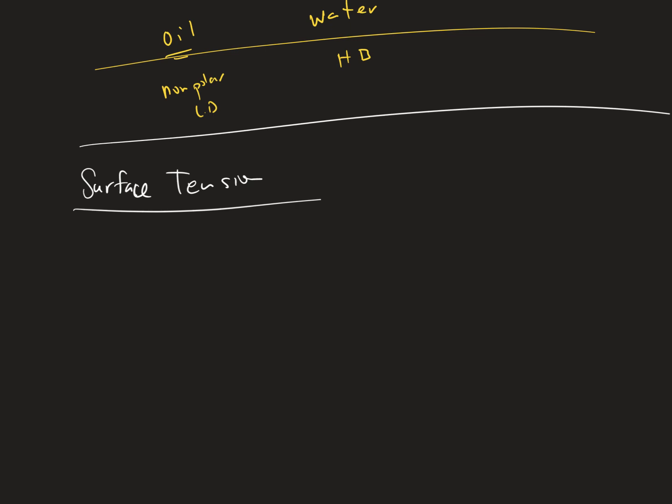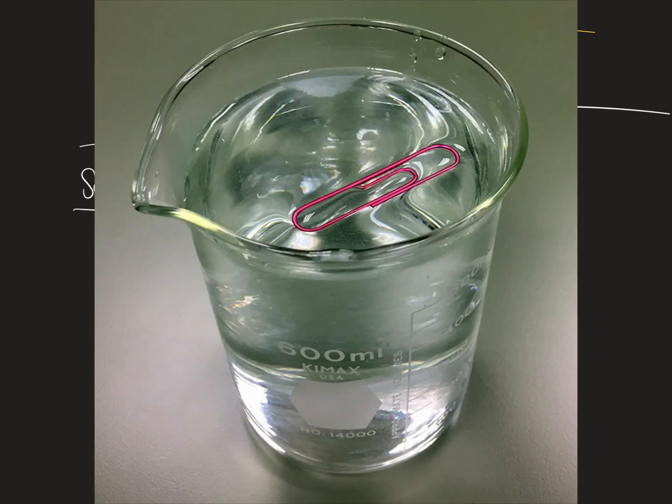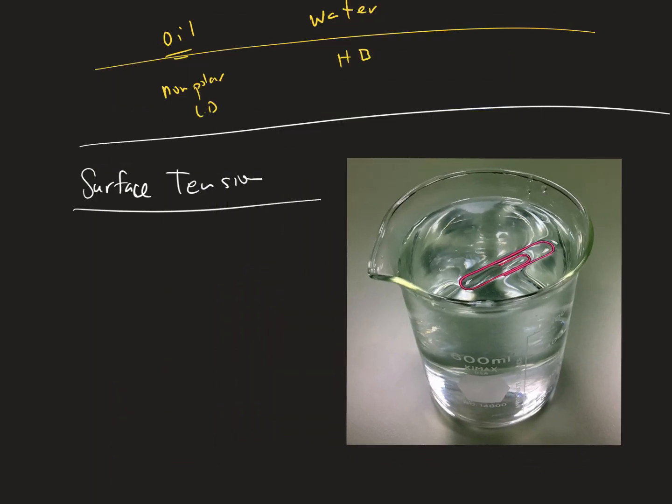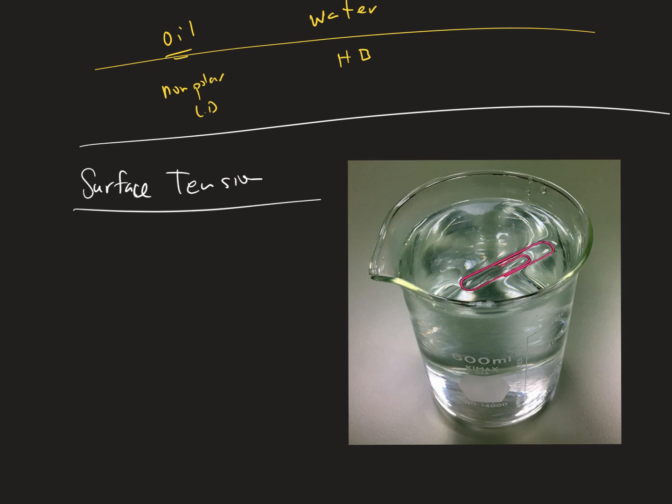In fact, let me show you an example here. You guys ever floated a paperclip or a staple on some water? You can. Same thing with a hamster or gerbil water feeder.